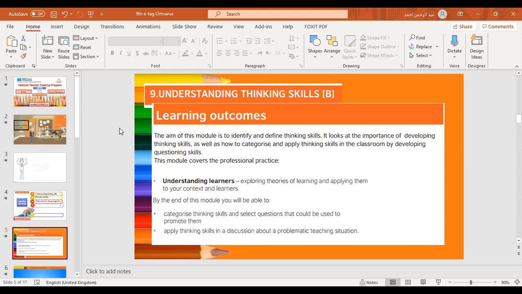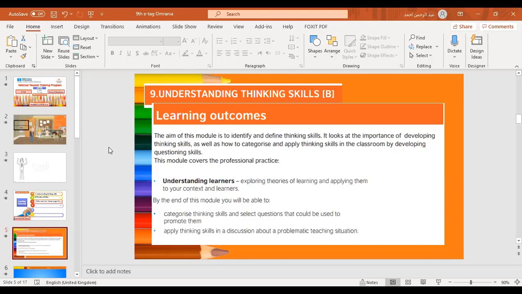Number two, apply thinking skills in a discussion about a problematic teaching situation. So we'll have a kind of short video about a very famous story, and after that we will have a small discussion. We will be divided into two groups in our rooms and discuss the issue of this story together.